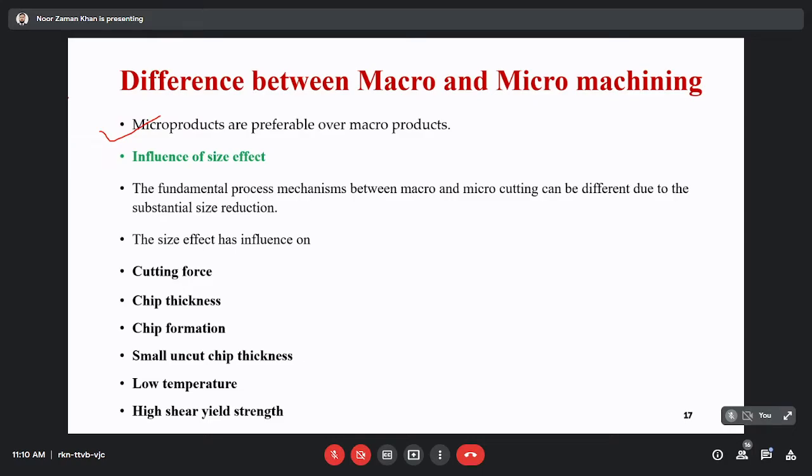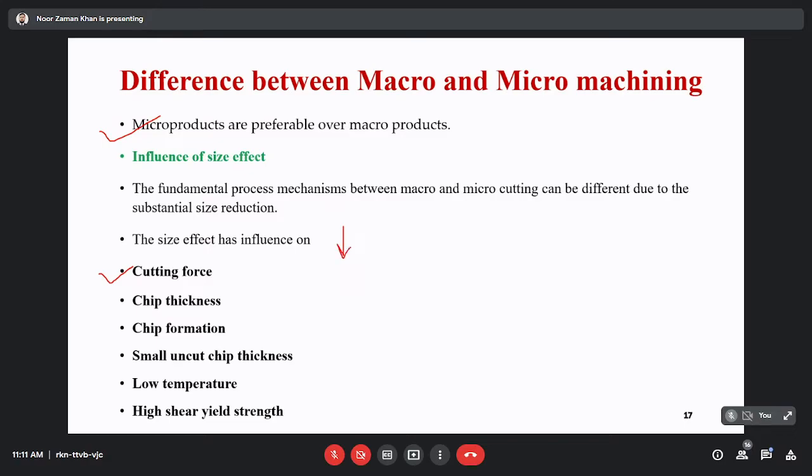Now we'll see what is the effect of reducing size. The size effect has influence on various aspects. Number one is cutting force. What will happen to the cutting force if we reduce the size? If we reduce the size, the chip thickness will be small.